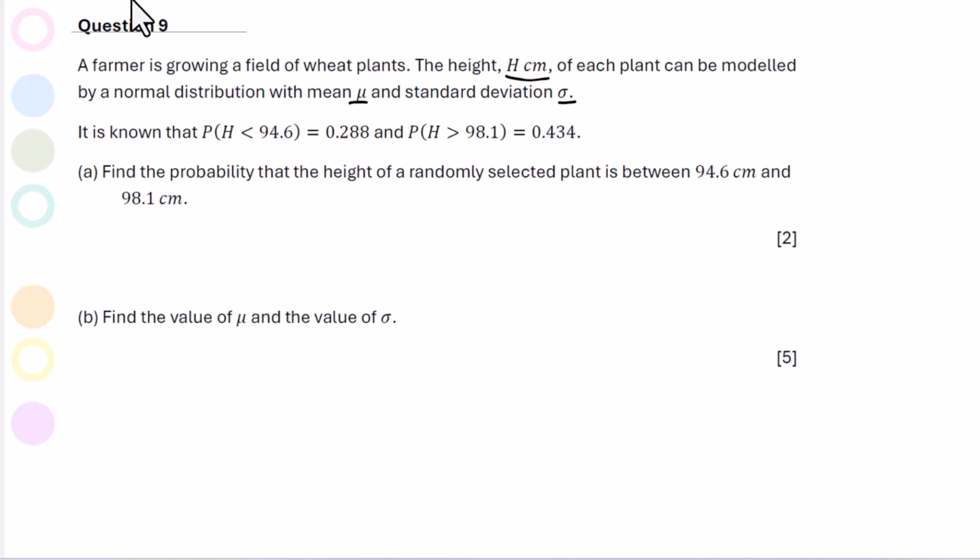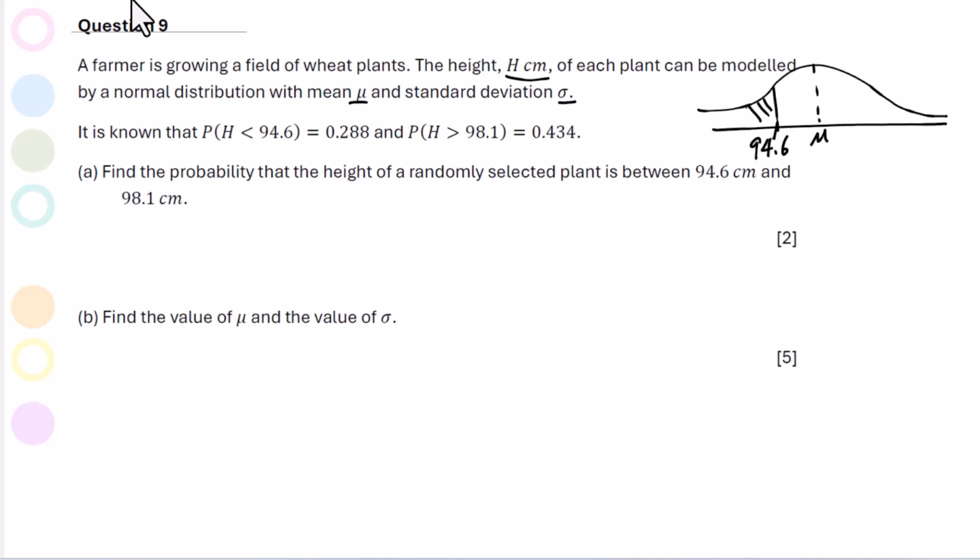It's known probability of h less than 94.6 is 0.288 and a probability of h greater than 98.1 equals 0.434. Find the probability that the height of a randomly selected plant is between 94.6 centimeters and 98.1 centimeters.